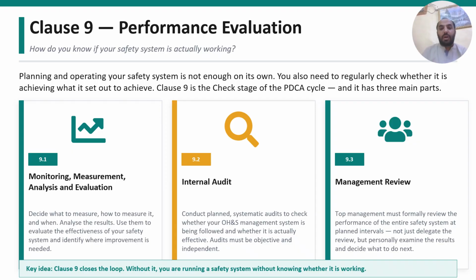This is where top management personally sits down, examines all the evidence of system performance, and makes real decisions about what needs to change or improve. Together, these 3 activities close the loop. Without them, you are running a safety management system without ever truly knowing whether it is working or not.